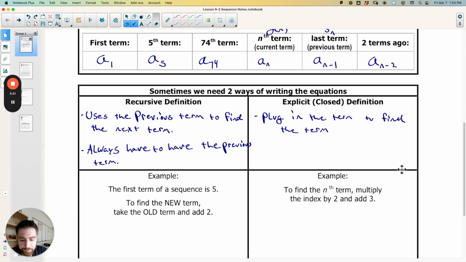And then you do not have to have the previous term.